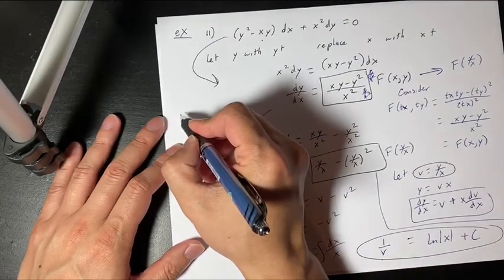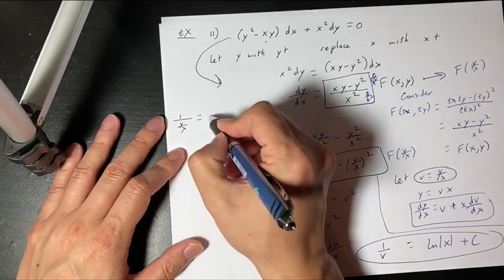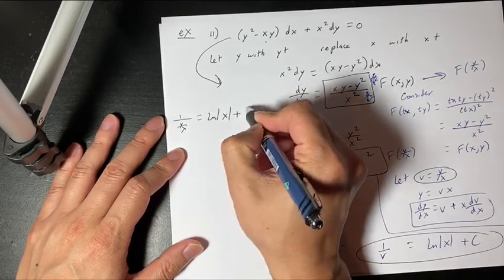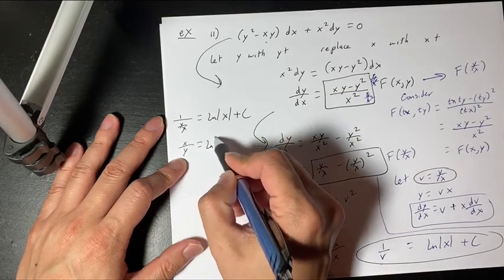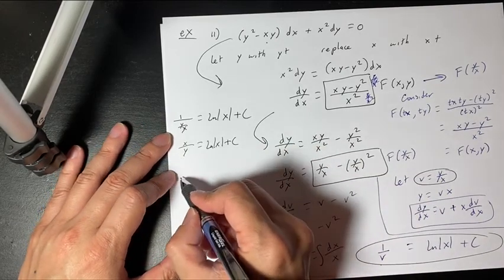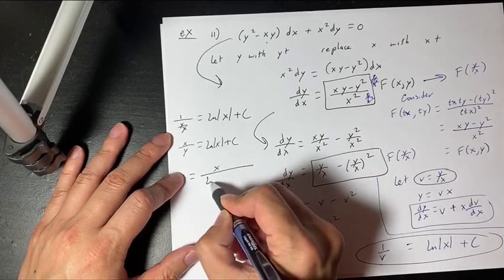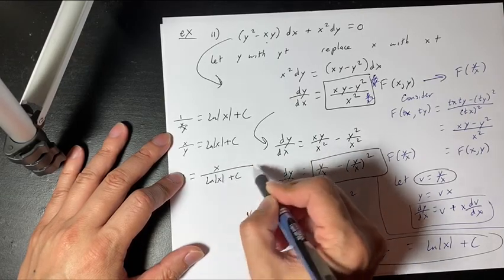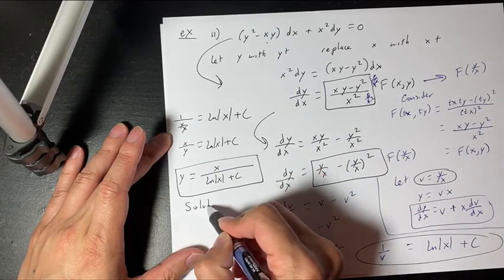So the solution here is going to be 1 over y over x, or really x over y. And to get that y by itself, and that's our general solution.